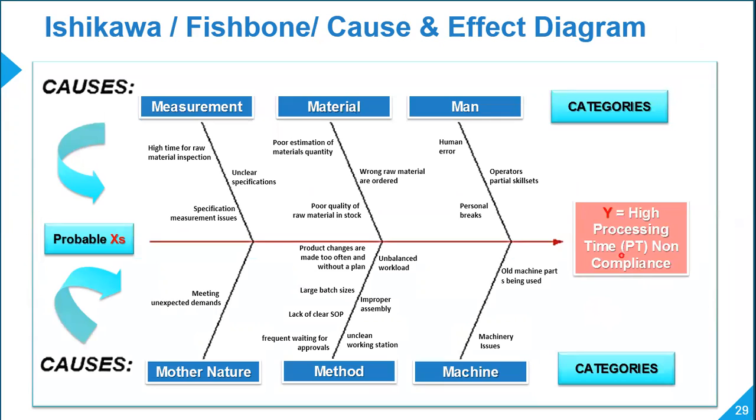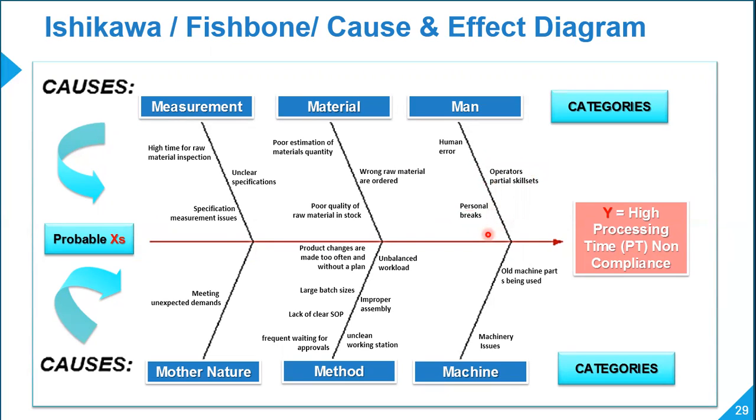This is the Y, and for our current case of PT, that is processing time non-compliance, these are the probable causes we have. Let me read a few of them. High processing time non-compliance is the problem. Man-related causes are human errors, operator partial skill sets, personal breaks.